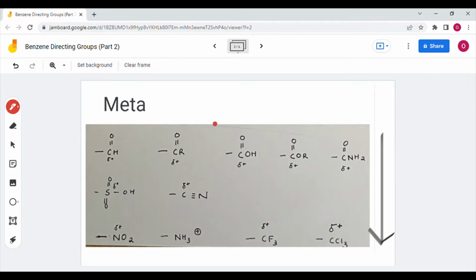So as you can see here, this carbon has a partial positive charge, and same with all the rest. In addition, this sulfur has a partial positive charge, and all these molecules here also have either a full positive charge or a partial positive charge. In addition, something I want you to recognize is that all these four groups are more meta-directing than these top two, which is identified by this arrow.